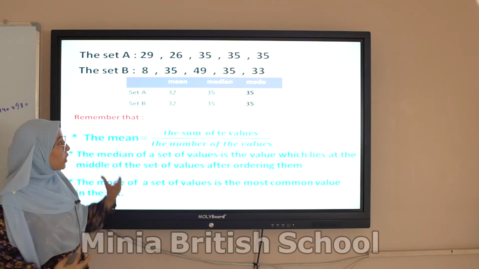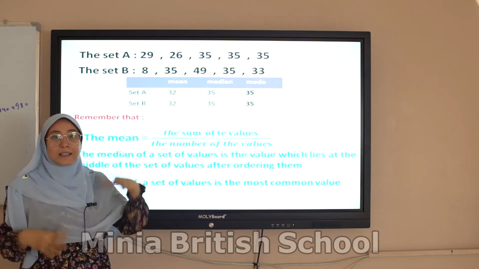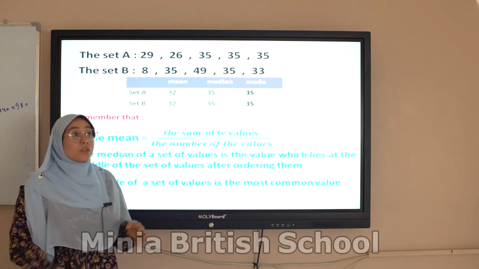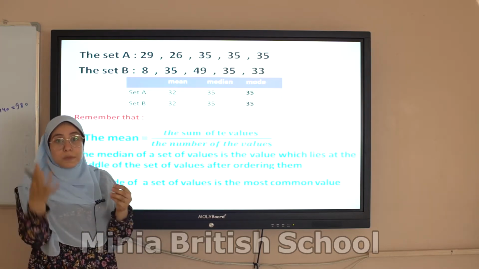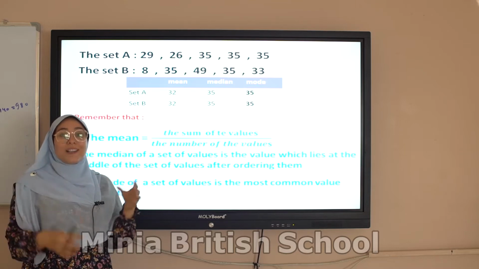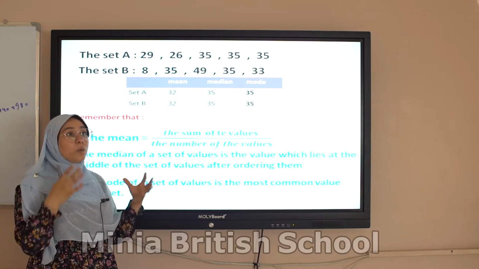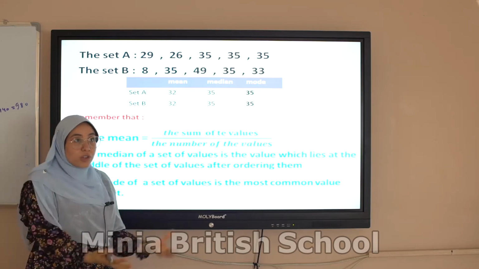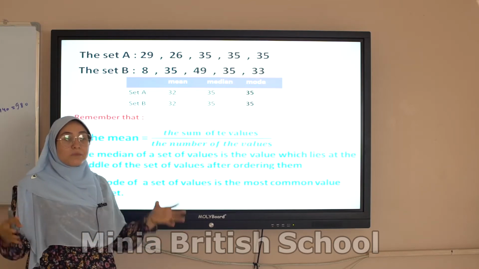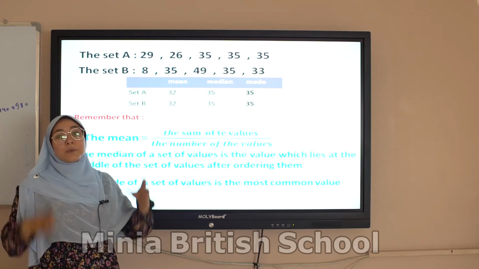I need now to describe the data in set A and set P. So we know mode, median, and mean only are unable to describe the data. Now, we need new measures to describe the data. In this lesson, we will talk about dispersion.